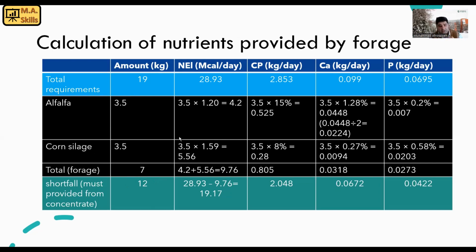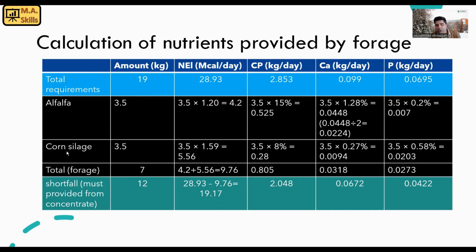And here I'm just calculating the amount of energy, protein, calcium, and phosphorus that is provided by feeding this much forage, alfalfa and corn silage. So again, keep in mind, we are not going to feed our cattle with 3.5 kilos corn silage. This is the 3.5 kilos based on dry matter.